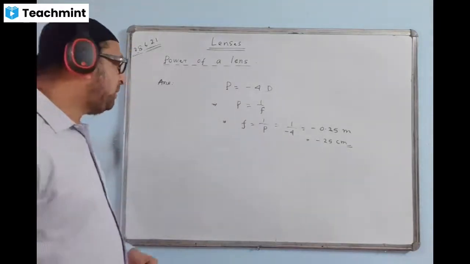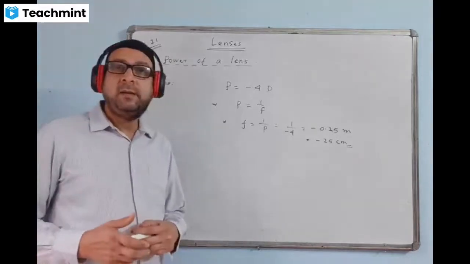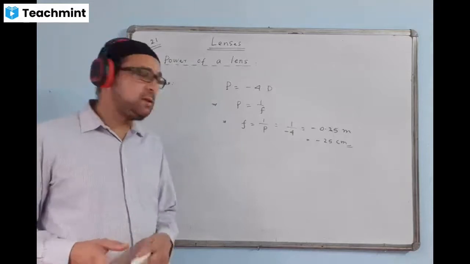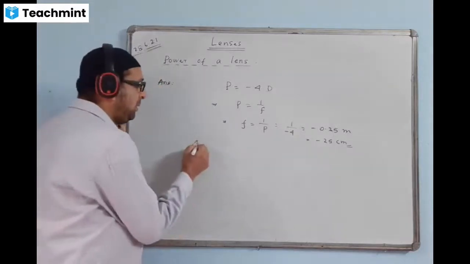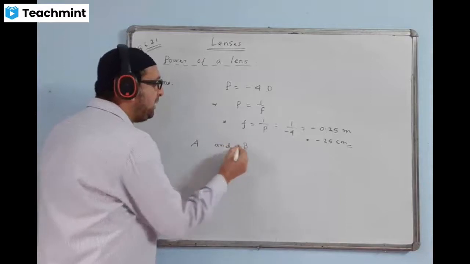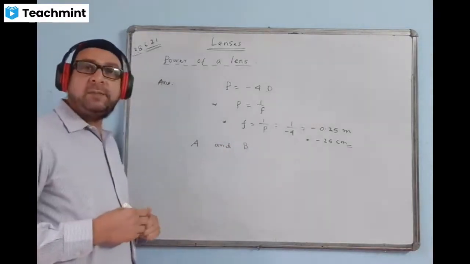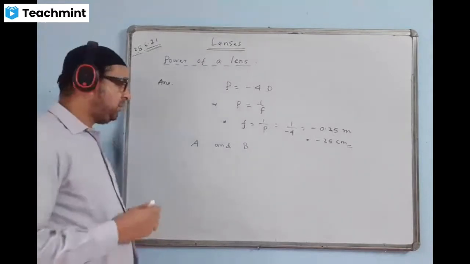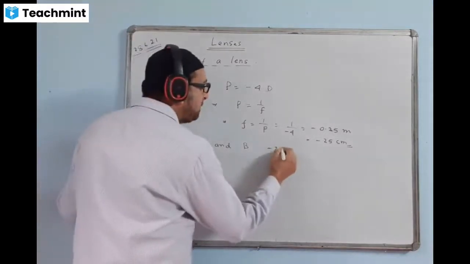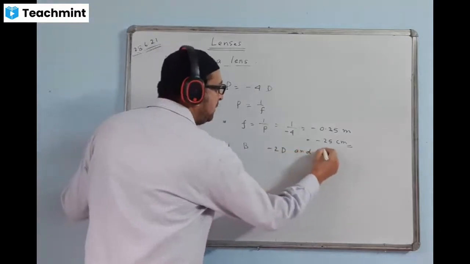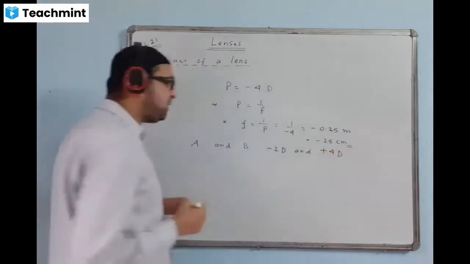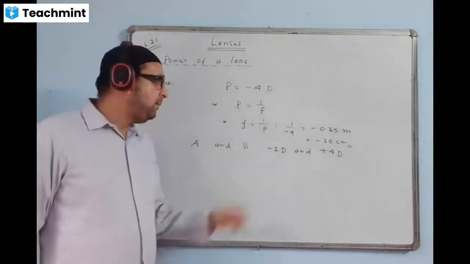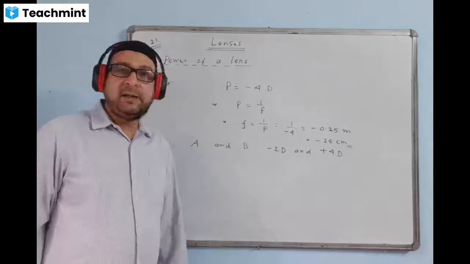Now, suppose they are asking the question like this. Write the question: two lenses A and B have powers -2D and +4D, respectively.